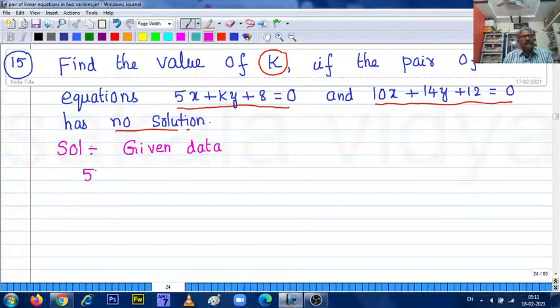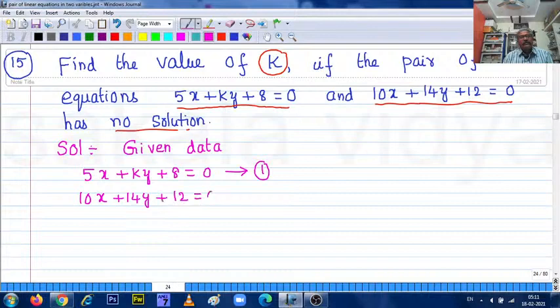So 5x plus ky plus 8 equals to 0, say equation 1 this is. Next is 10x plus 14y plus 12 is equal to 0, this is equation 2. Here unknown value k is there. K we need to find out since it has no solution also given.